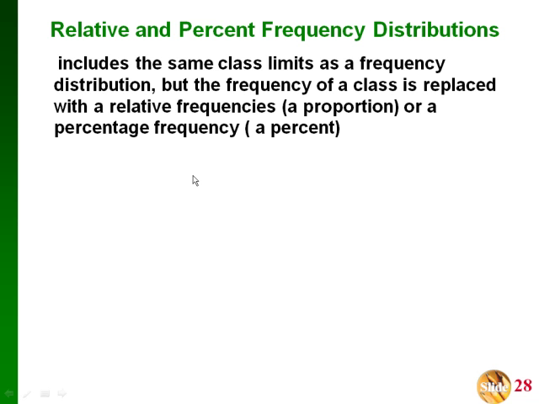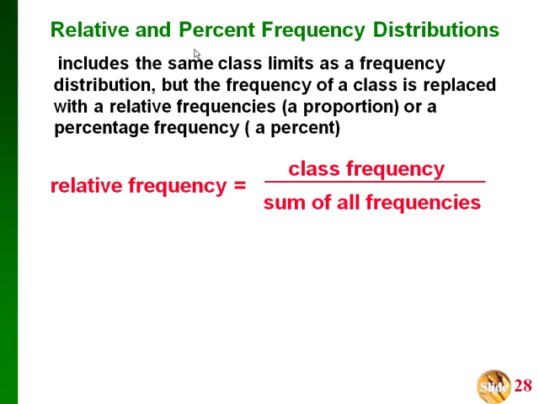Now for relative and percent frequency distributions, these have the same class limits as a frequency distribution, but the frequency is replaced with a relative frequency, which is a fraction, or a percentage frequency. So to get the relative frequency, you need the sum of all the frequencies that were in your original frequency table.